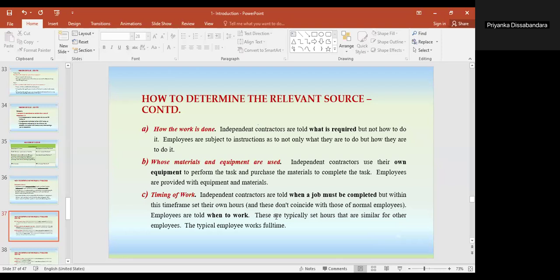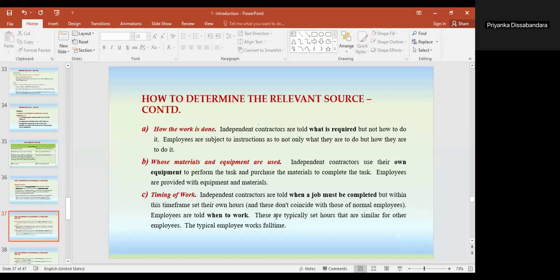Now we are going to determine the relevant source using some characteristics. The first is how the work is done. If we consider an independent contractor and an employee, we determine whether that is an employment income or a business income. For that consideration, we can consider how the work is done.